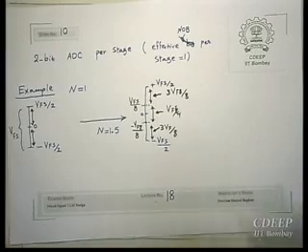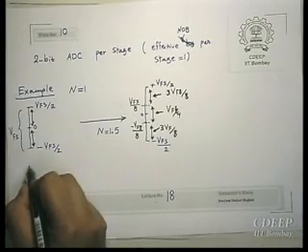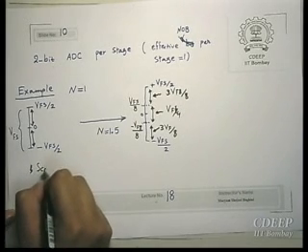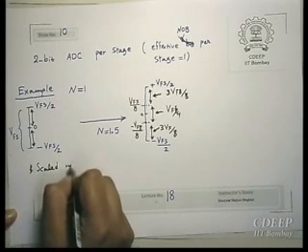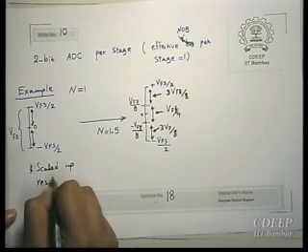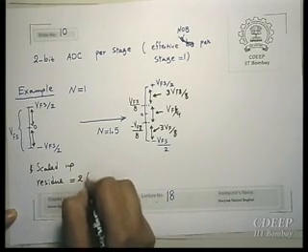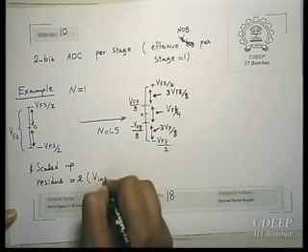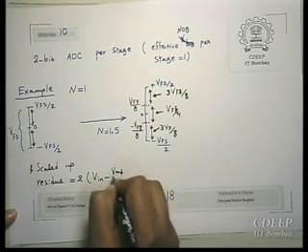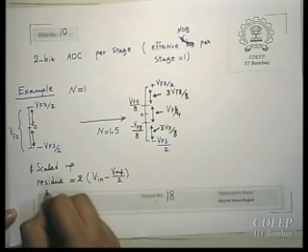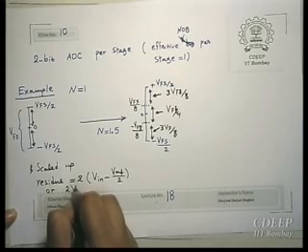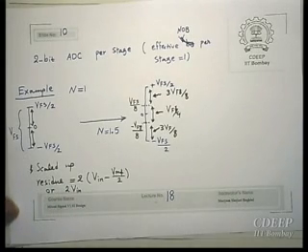So now if it is 1 bit scaled up, residue will be 2 into V in minus V ref by 2 or 2 V in, right? One of these two, according to whether V in is in the upper half or lower half.